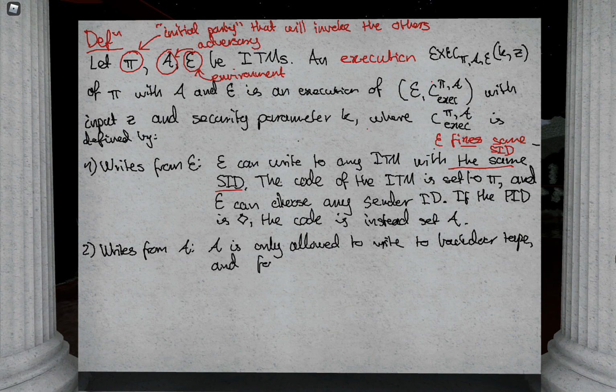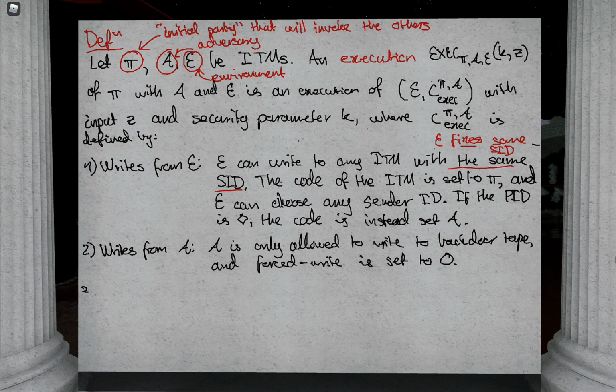And forced write is always set to 0. So you'll recall that means the adversary cannot invoke new machines. In particular, it can't create a straw man version of the protocol that it communicates with. That wouldn't make sense. The adversary is only allowed to communicate with the protocol that already exists.